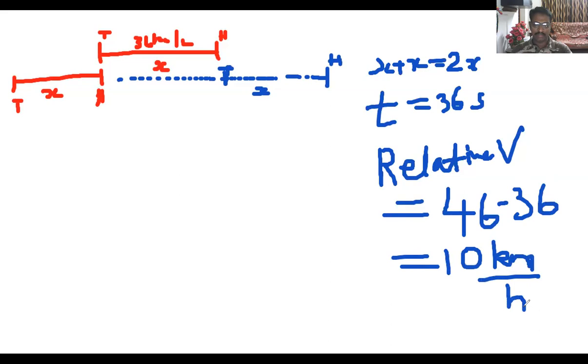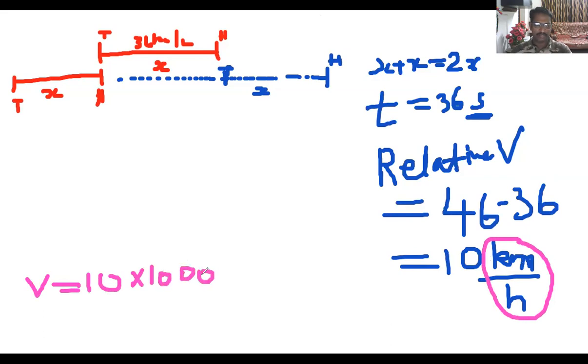Now, this 10 kilometers per hour is not justifiable to use in this form, because here the time is in seconds. I will change the color of the pen. Kilometers per hour needs to be changed to meters per second. So we put 10 kilometers, that is 10 times 1000 meters, divided by hours, that is 60 by 60.